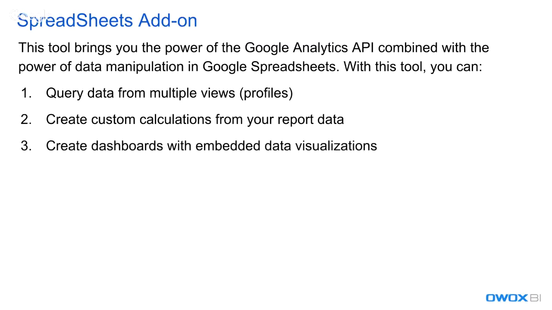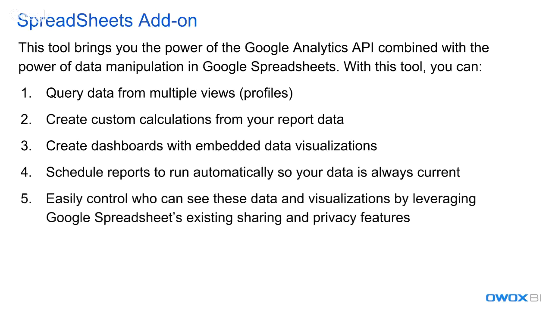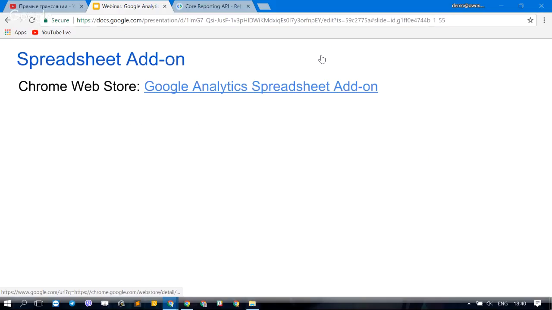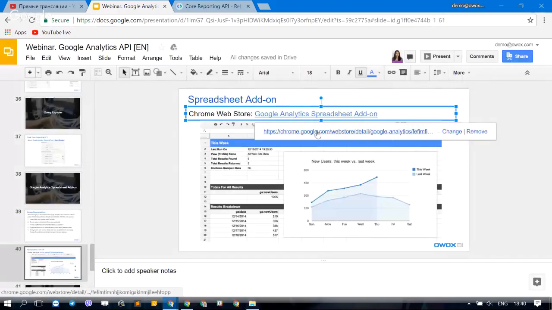It helps you to query data from multiple views, create custom calculations from your report data, create dashboards with embedded data visualization, schedule reports to run automatically, and easily control who can see this data and visualization by leveraging Google Spreadsheet's existing sharing and privacy features. So you can install this add-on in the Chrome Web Store.